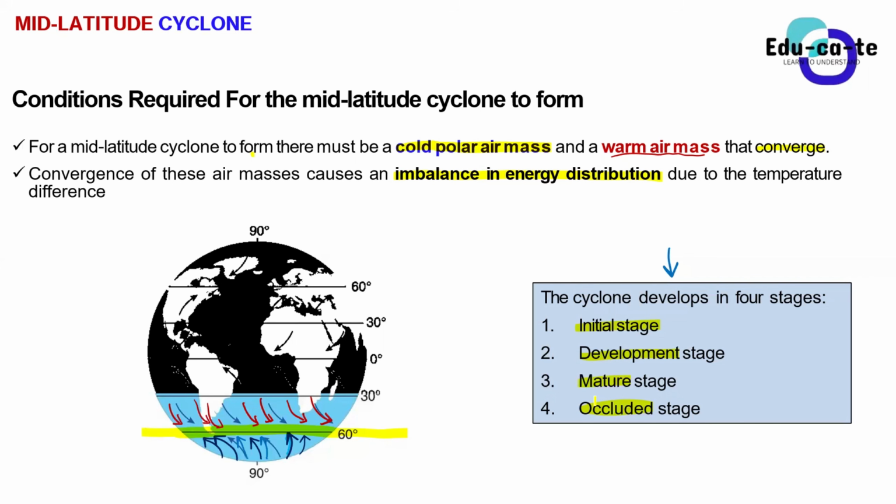Who was about to say that? I have a feeling that someone was about to say that. Yes, I was actually looking at it. Yes, you see. So basically stick to these 4 guys. These ones are the ones that we use for your curriculum. These are the stages that we recognize for the development of a mid-latitude cyclone according to the curriculum.